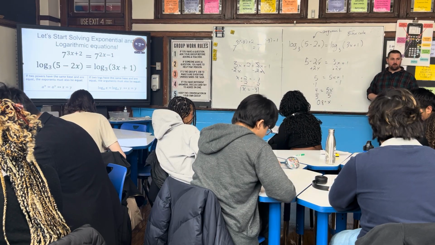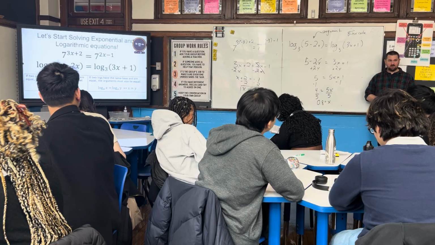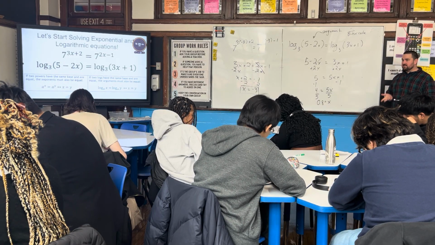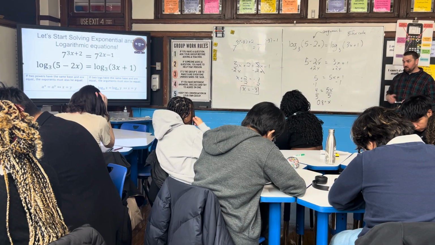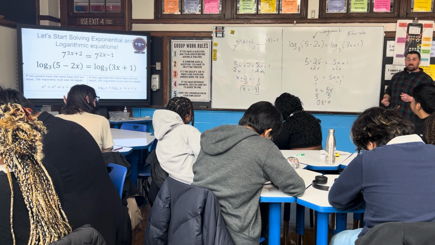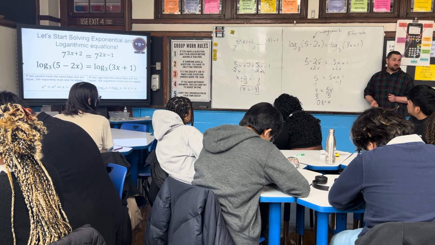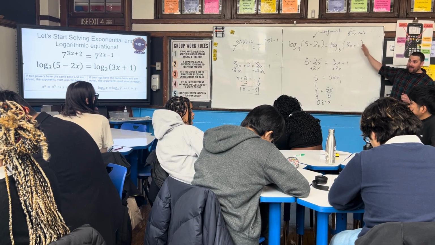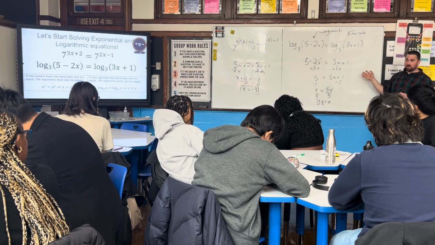X equals 0.8. Did I make a mistake? Okay, how do we check to see if this is the correct solution? What do we plug into, and which is the original equation in this case? The log base 3 one. You have to go back to the original equation. Okay?